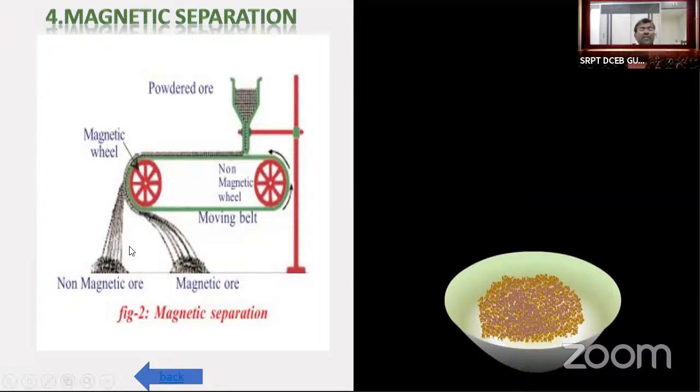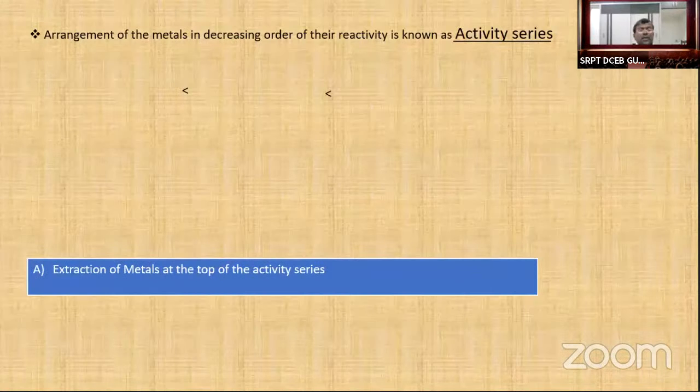Then what happens? The non-magnetic material is separated and thrown away, and the magnetic ore is collected separately. Like this, we can separate or concentrate the ore which has the characteristics of a magnetic material. This is all that we have learned.